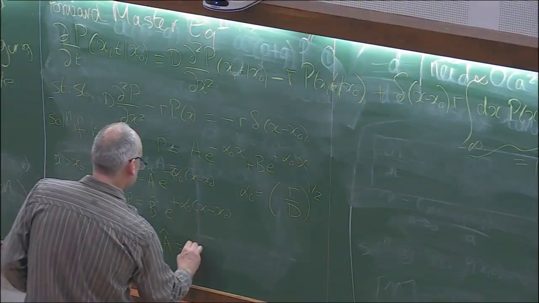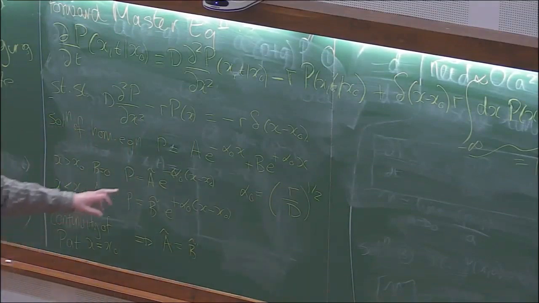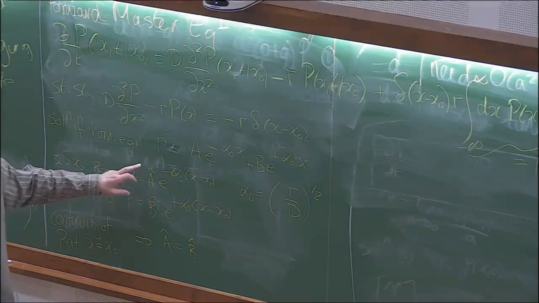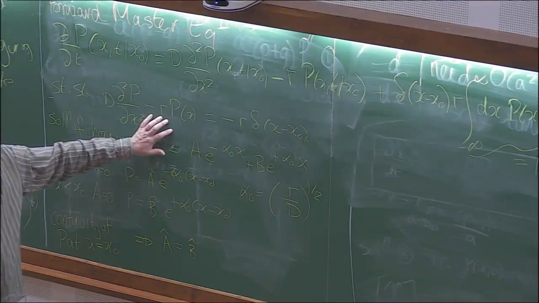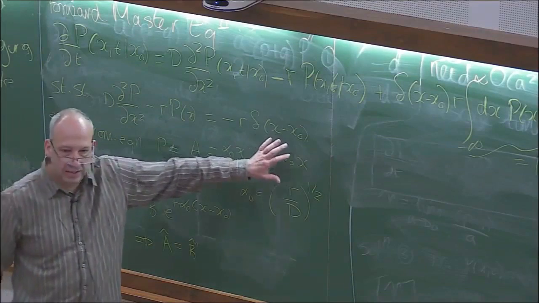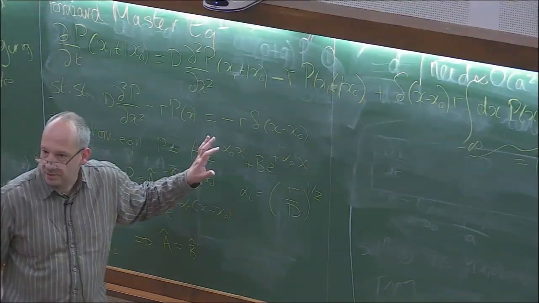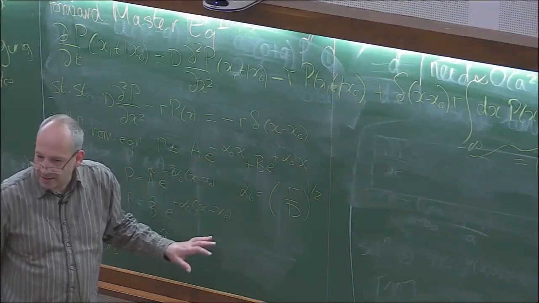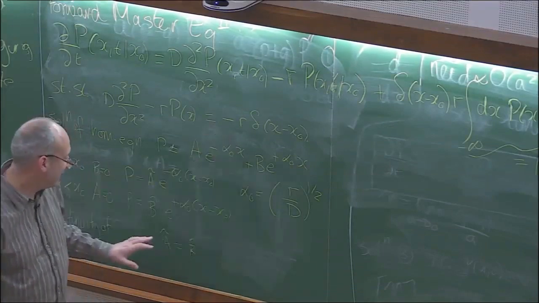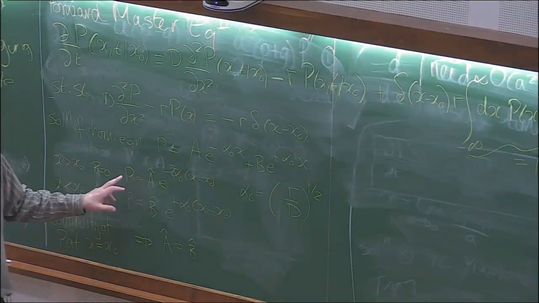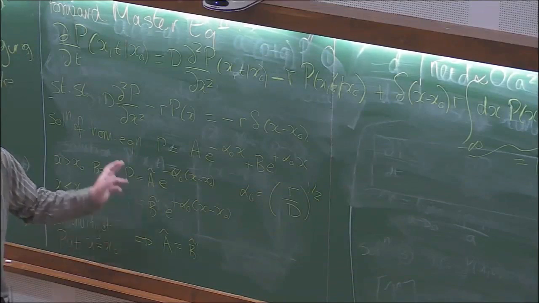And then I can fix a tilde from this equation, since the delta function implies a discontinuity in the derivative. But it so happens that there's an easier way to do things. I could go that way and work out the discontinuity, but here it's easier. I just say that the probability needs to be normalized, and that fixes my constant a, and it does the same thing. So it's easier here just to demand normalization of probability.